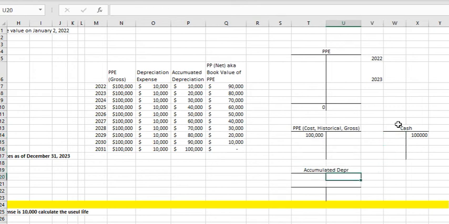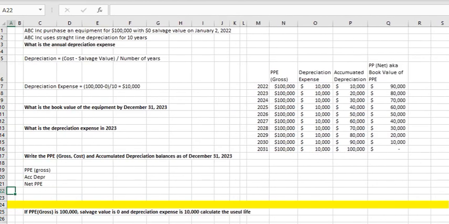Accumulated depreciation, on the other hand, for year 2022 it's going to be 10,000, and for year 2023 it's going to be another 10,000. So you are going to record accumulated depreciation, and accumulated depreciation over time is going to increase. So by end of 2023 your accumulated depreciation is 20,000.